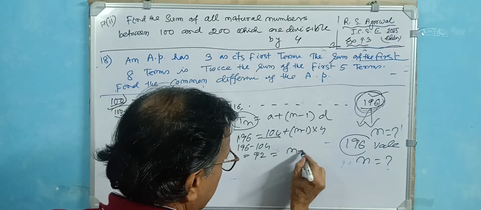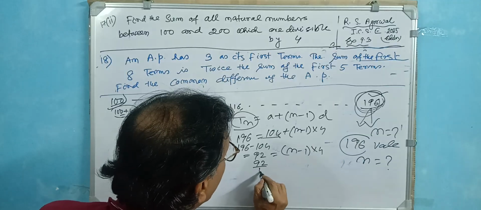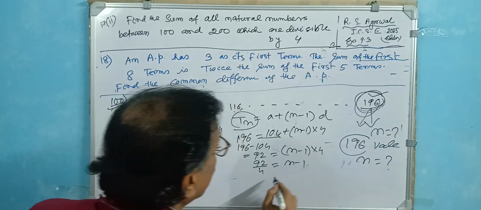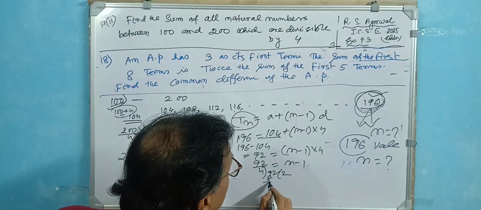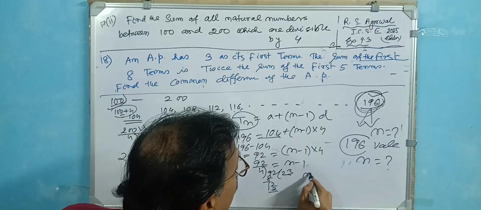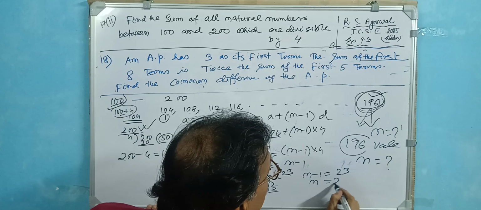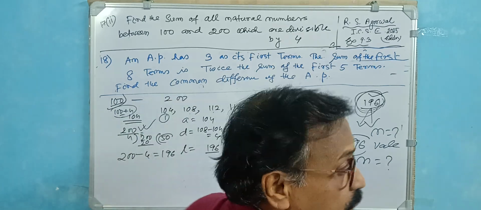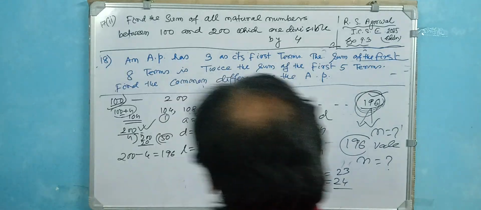That is equal to n minus 1 into 4. So 92 by 4 is n minus 1. 92 divided by 4 is 23. So n minus 1 is 23, so n is 24. The number of terms is 24.